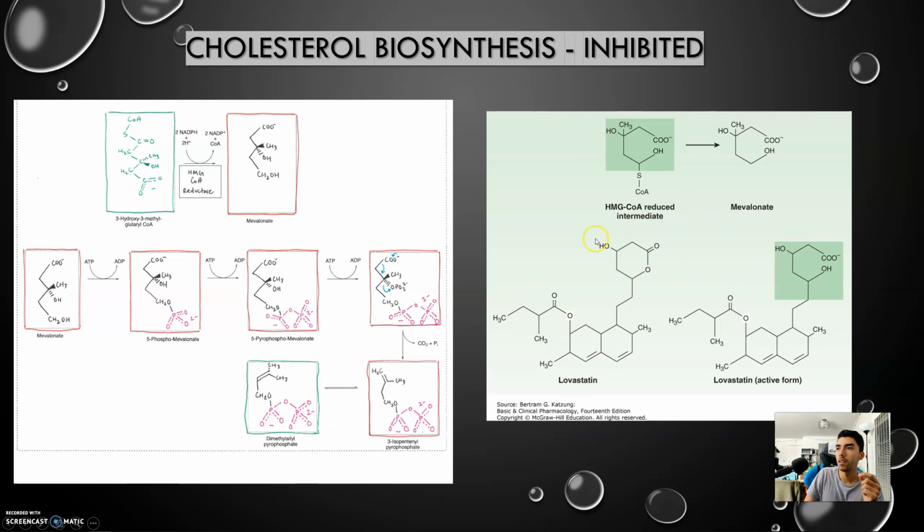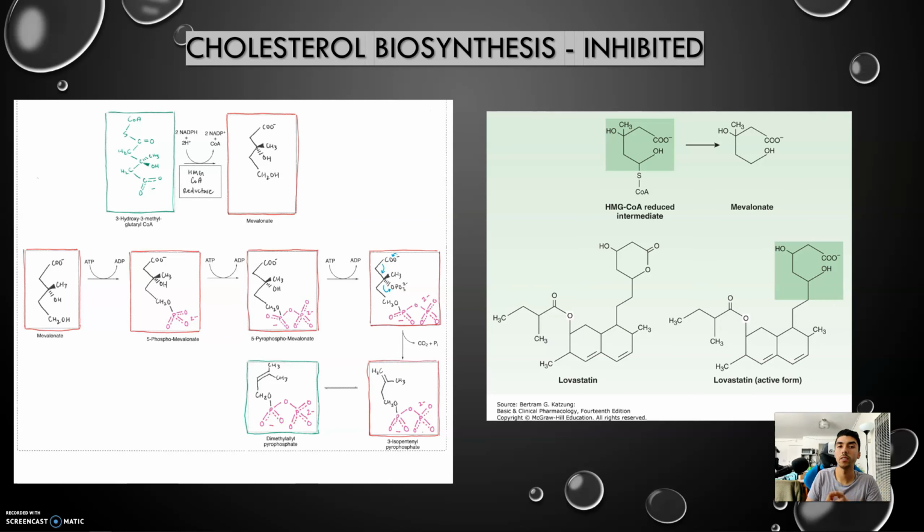Lovastatin, in its physical form, ingested as a drug, is in an inactive form, but once in the body, it converts into an active form where it is hydrolyzed here, and then with this active form, it binds to HMG-CoA reductase, and effectively blocks the formation of mevalonate, which, this step in general being the committed step, is very crucial in that it prevents the formation of cholesterol in general.